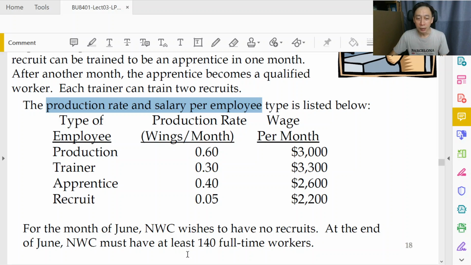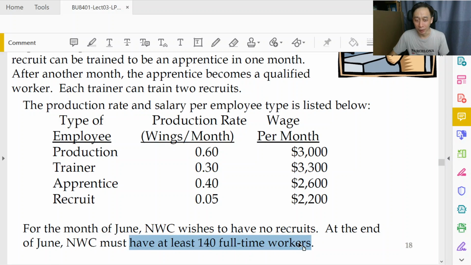In this case, for the month of June, NWC wishes to have no recruits. At the end of June, NWC must have at least 140 full-time workers. Now, notice how this sentence sounds like the financial application case where we say at the end of the 4-month planning horizon, we must have at least $10 million.